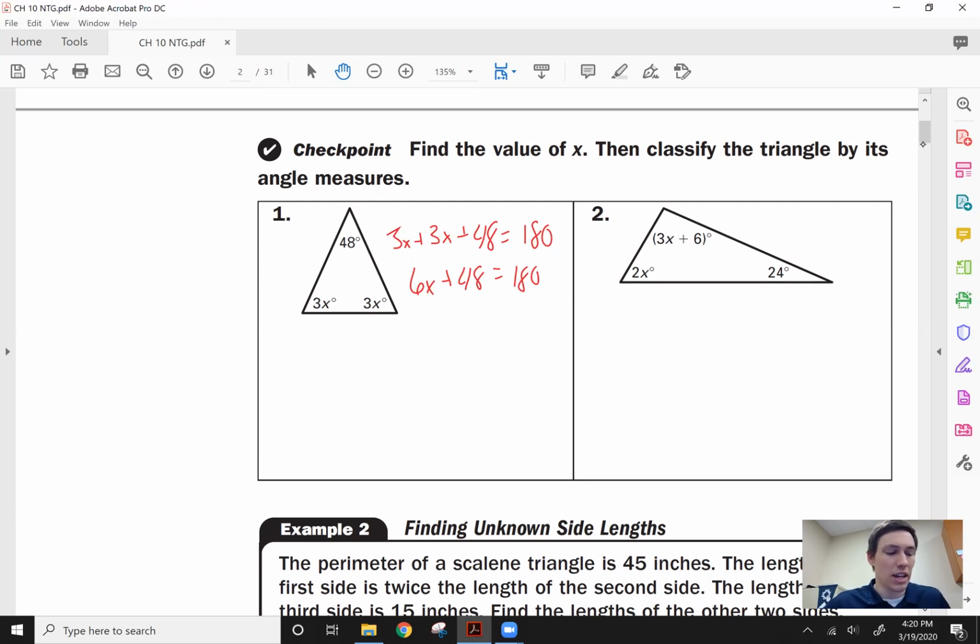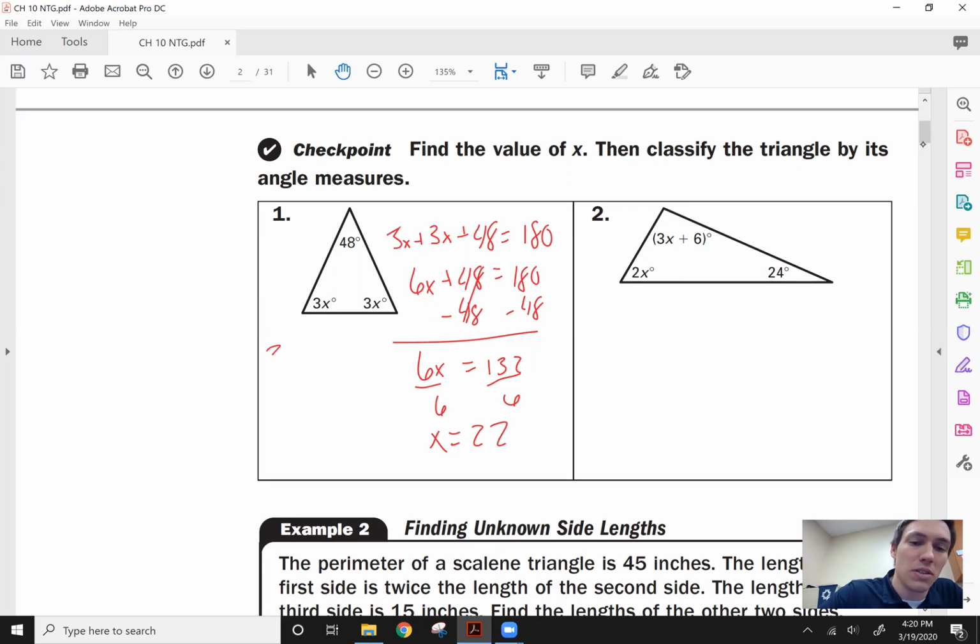So first, I have to get rid of 48 by its being added. So I subtract 48 from both sides. That's gone. I get 6x equals 132. Now, x is being multiplied by 6, so I divide by 6, and I end up with x equals 22.